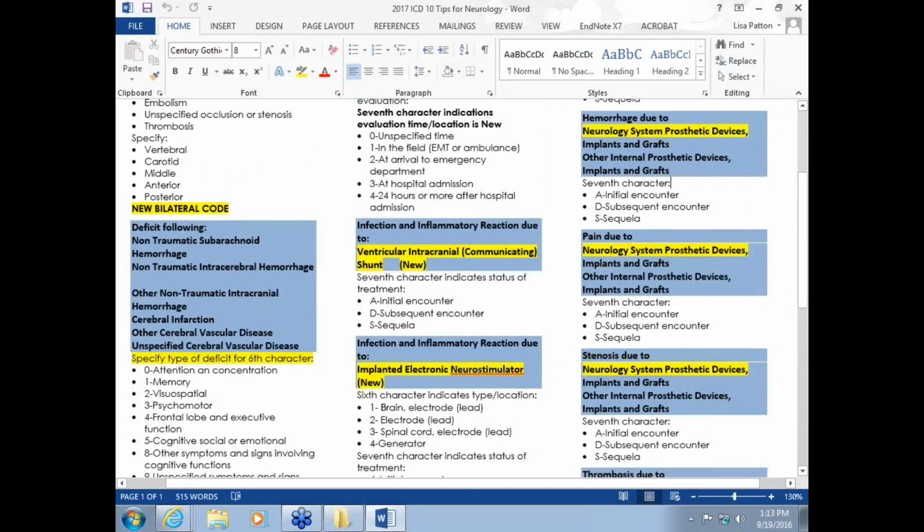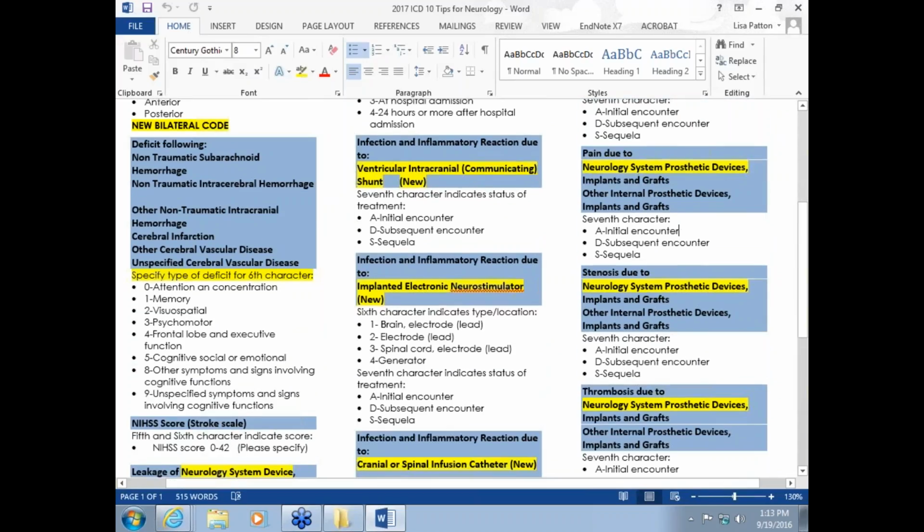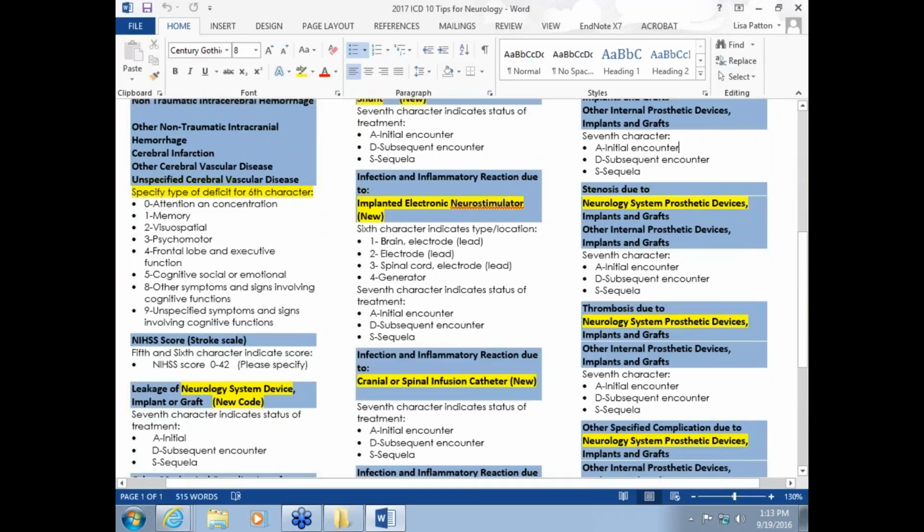Pain due to neurology system prosthetic devices, implants, and grafts, 7-digit code. Stenosis due to neurology system prosthetic devices, still need your 7th digit. These are all new codes that I'm going over. Thrombosis due to neurology system prosthetic devices.